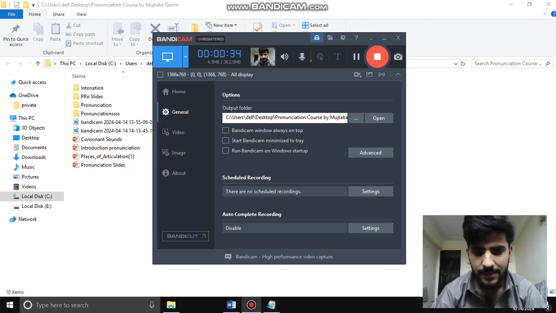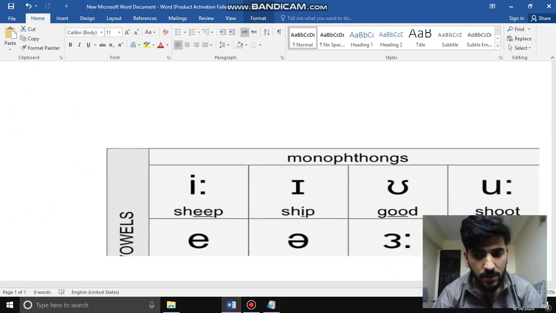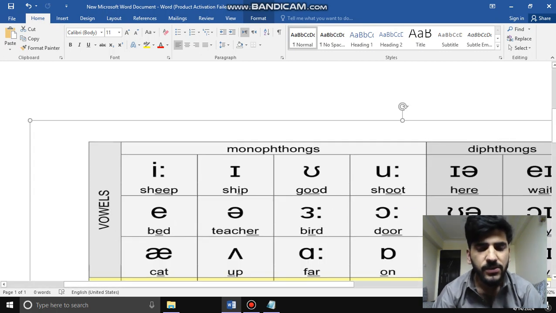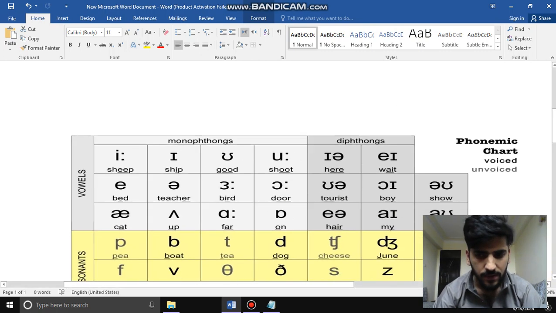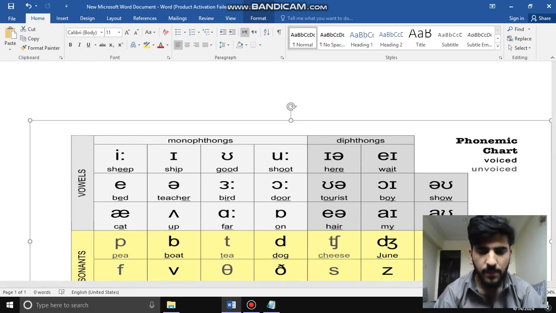Let's get started. First of all, I'm going to explain the chart, basically what the phonemic chart is. English sounds are very necessary, especially in both American English and British English.